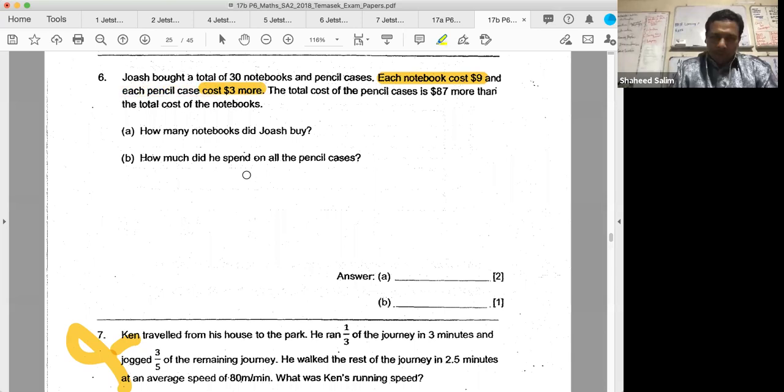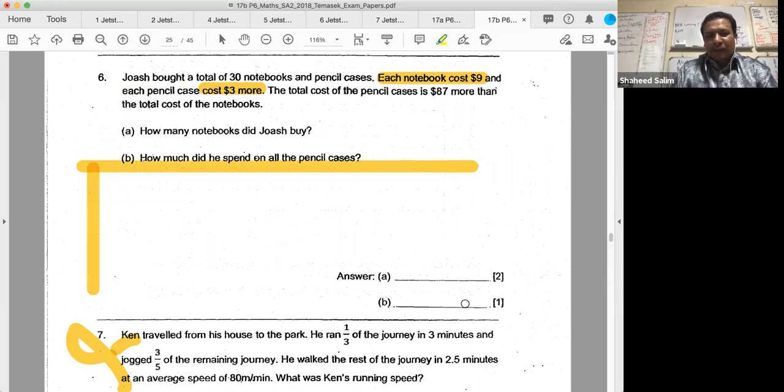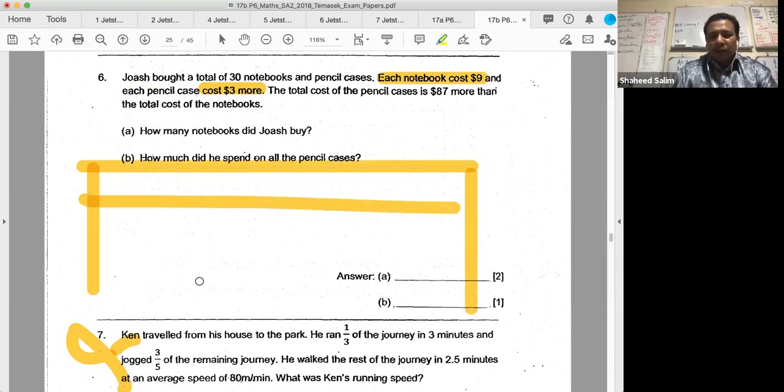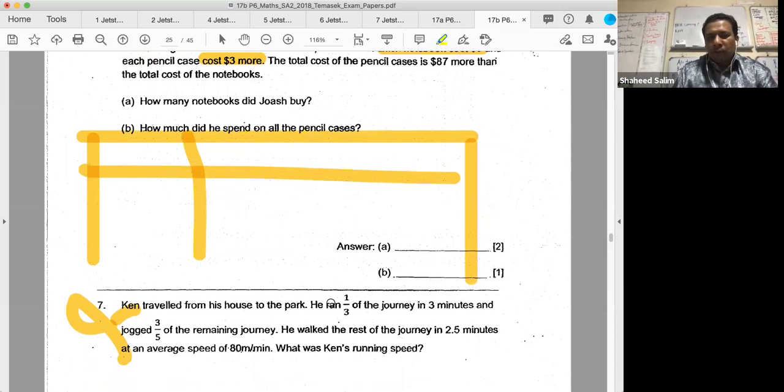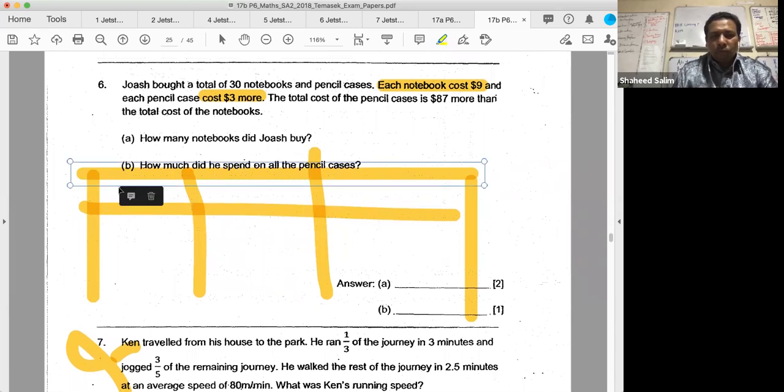So do you need more help? Or you make a table now like this. Make a table. So how do I know what table to make? Never mind, you just try it, just make something like that. So imagine now, down here we divide, 1, 2. Let's say now there is one notebook.